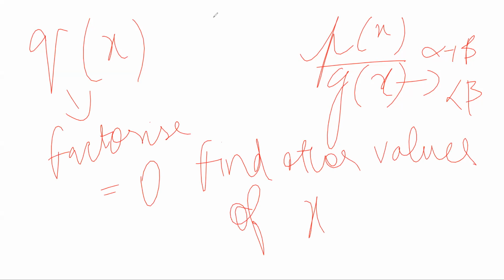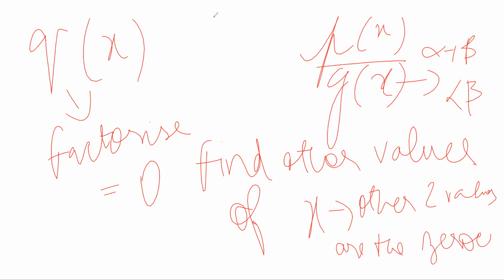So the other two values are the zeros. You factorize and equate it to 0, and then the other two values of x are the zeros.